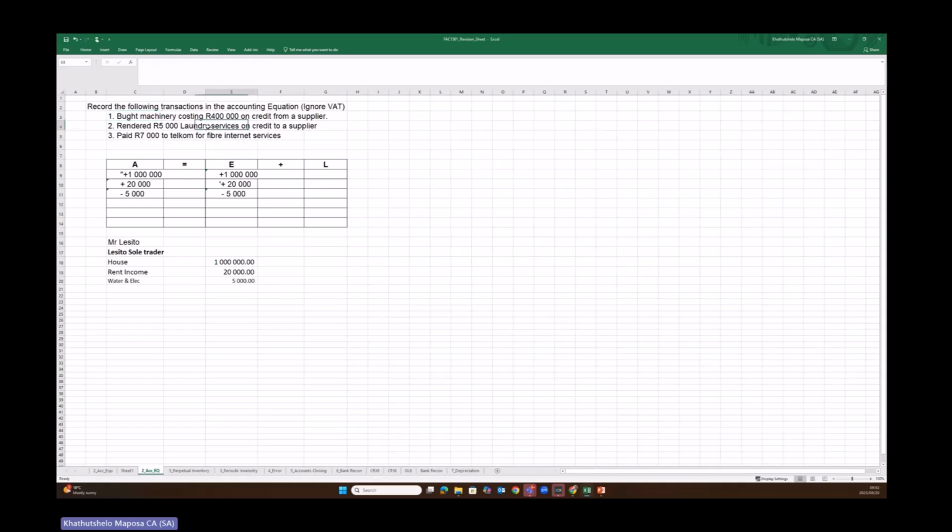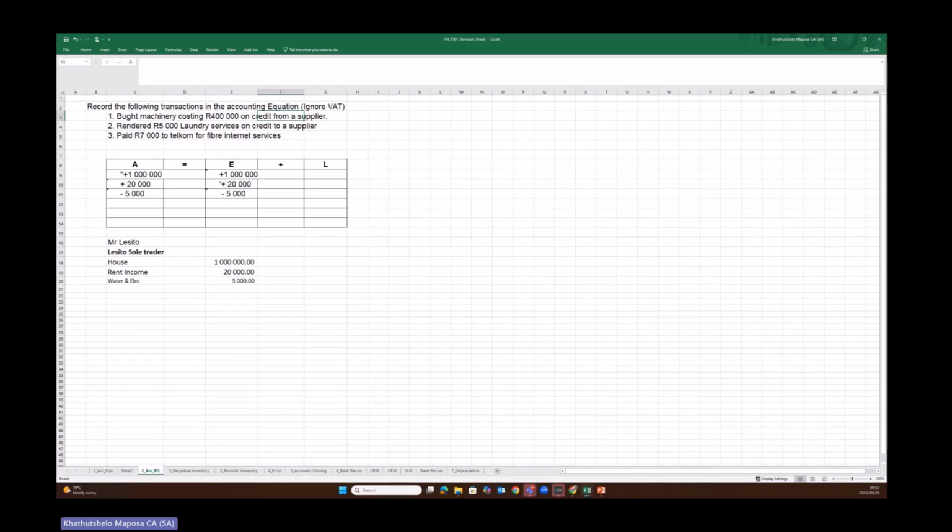Remember, this is a business buying a machine for 400,000. The machine is going to be used in the business, which makes it an asset, and we bought it on credit, meaning a liability. So it's an asset and a liability. There are very few equity transactions.